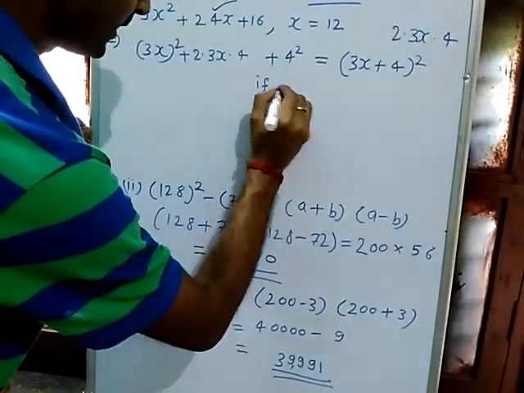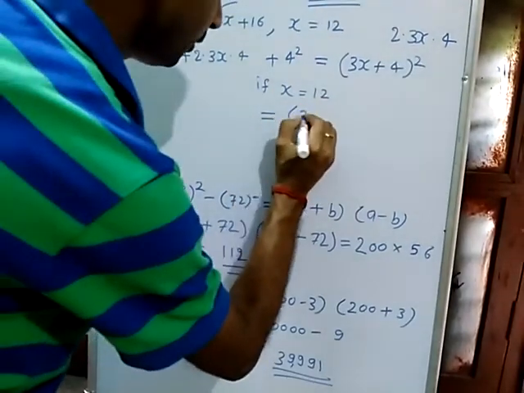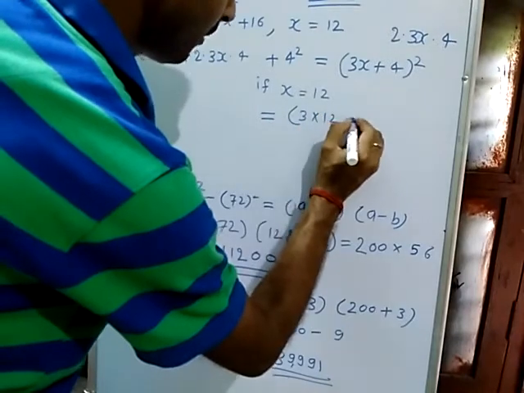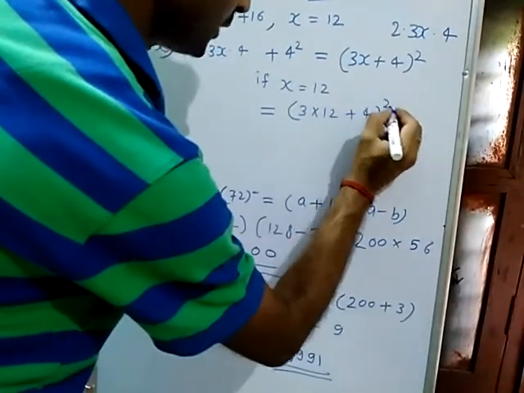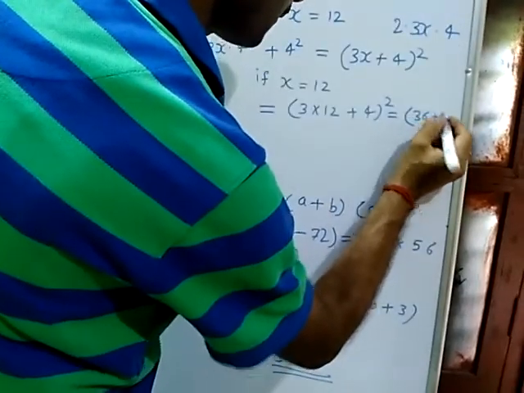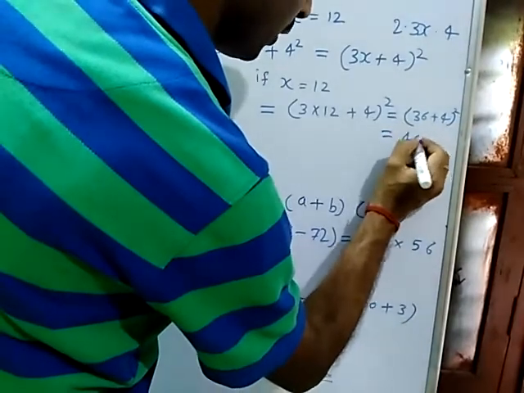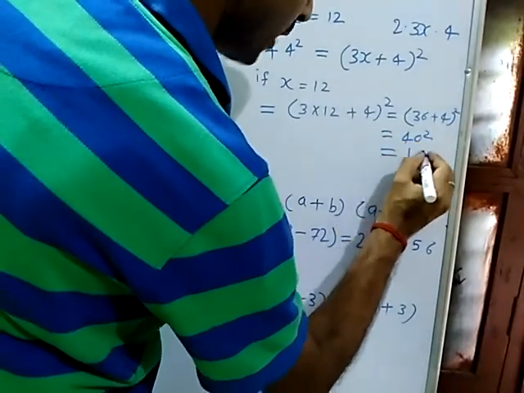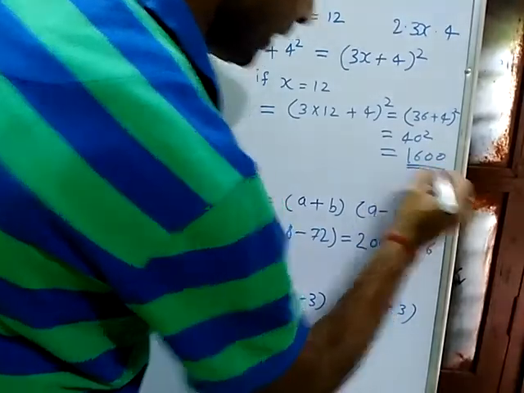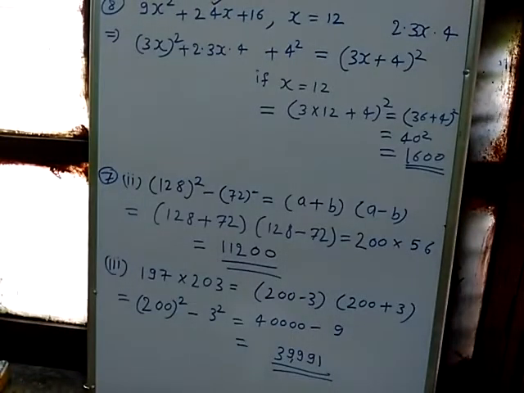If x is equal to 12, putting x equal to 12, I will get (3 into 12 plus 4) whole square. 3 twelves are 36 plus 4, 36 plus 4 is 40, 40 square is equal to 1600. So we got the answer 1600. Is it clear? So its answer becomes 1600, correct?